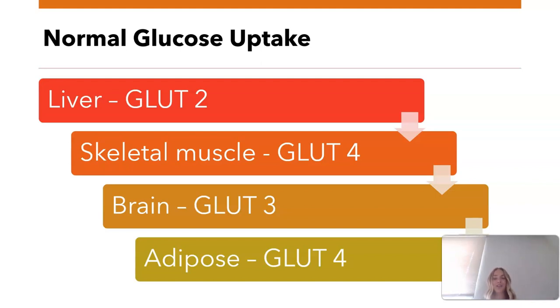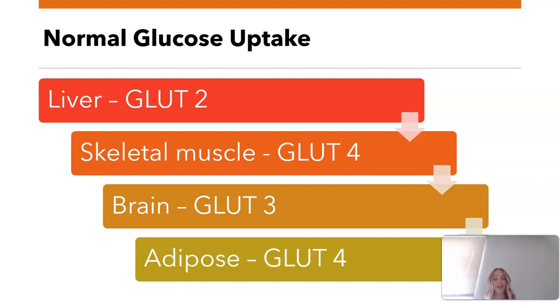In our adipose tissue and our skeletal muscle, we express glucose transporter 4, which is sensitive to the hormone insulin. Therefore, the uptake of glucose is controlled by this cascade that's activated by the binding of insulin with its target cells. And then the brain and the liver, they express an insulin insensitive glucose transporter.